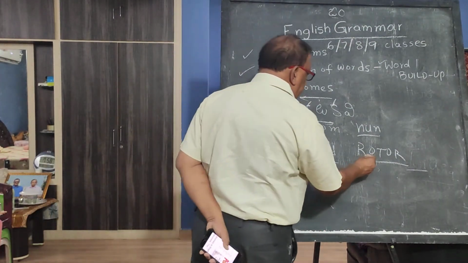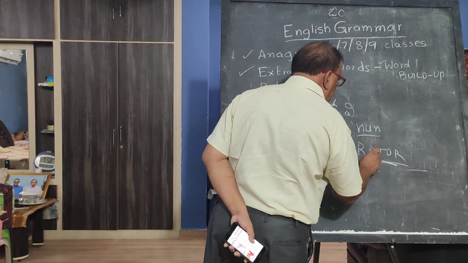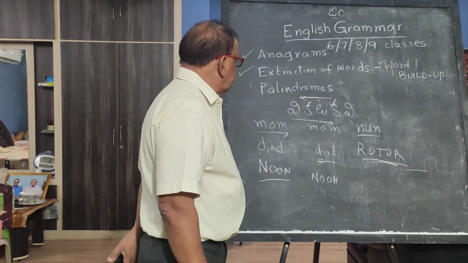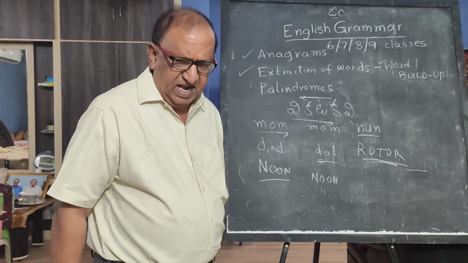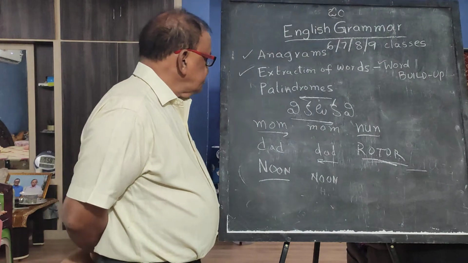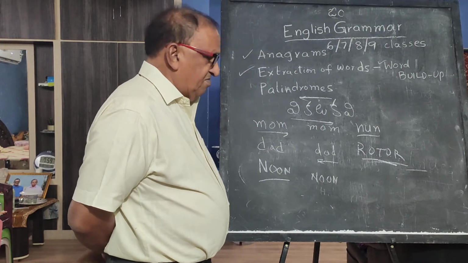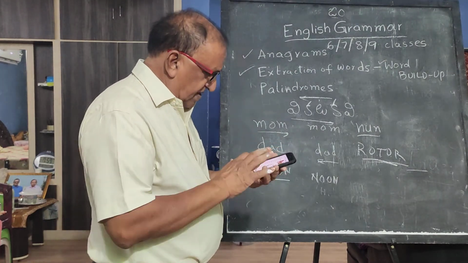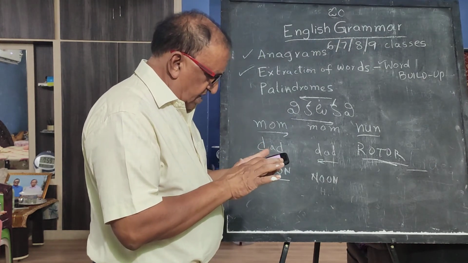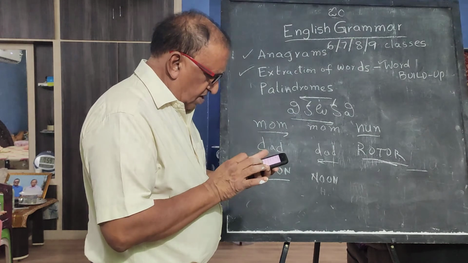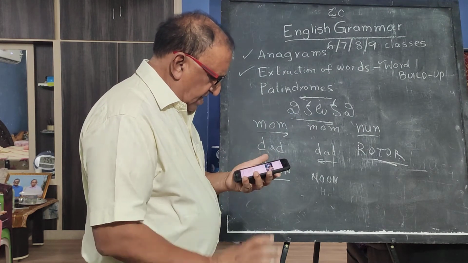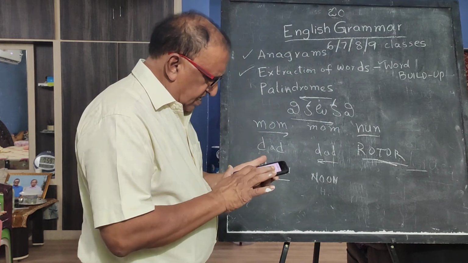Here, for example, this is rotor, R-O-T-O-R, and then R-O-T-O-R again. So that's called a palindrome. It's surprising. I'm only showing you 3-letter and 5-letter words, but there are several examples where you have very lengthy words which are also palindromes.